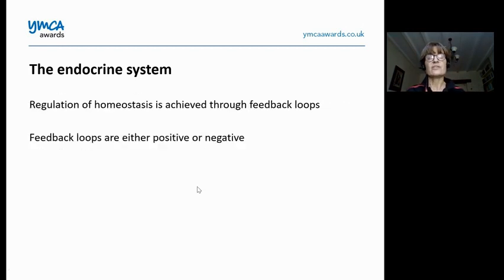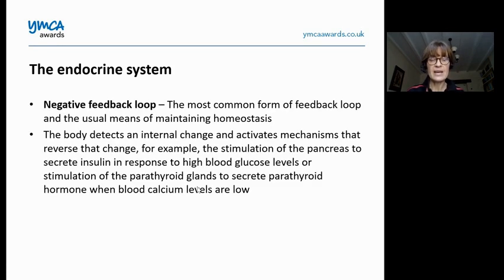This regulation through the endocrine system happens via feedback loops. There are two kinds of feedback loops, both positive and negative. The negative feedback loops are far more common than the positive feedback loops, and there are a number of examples we can see within the body.